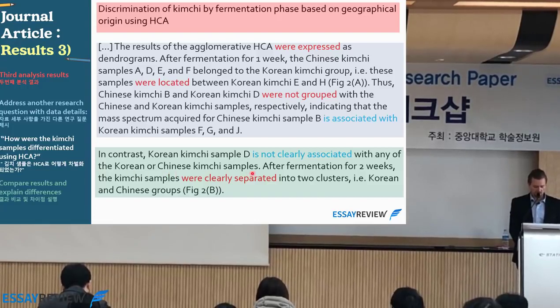So you're showing how the samples differed. But you'll see later on in the discussion section, you're going to discuss what that means and the larger importance of the findings. But be careful not to include discussion in the results.